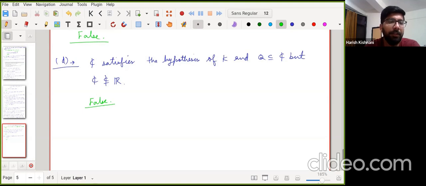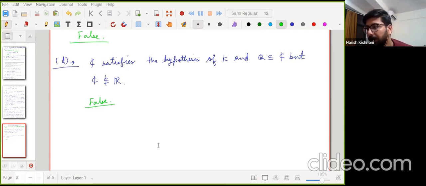So it must split inside your K, capital K. So it must contain iota, but iota is not there inside R. So that way also you can argue. Okay, so if that is fine, then maybe we can move to the next part. Next question. Let me just write that.